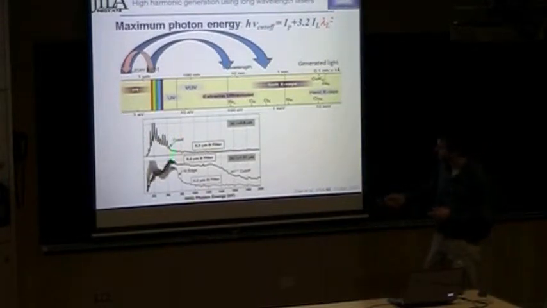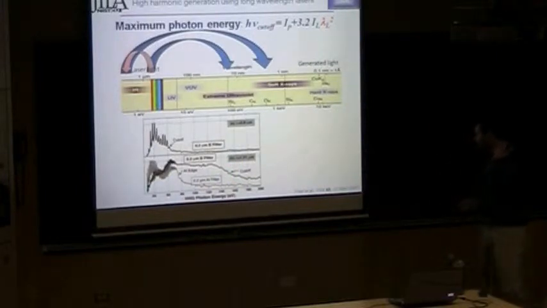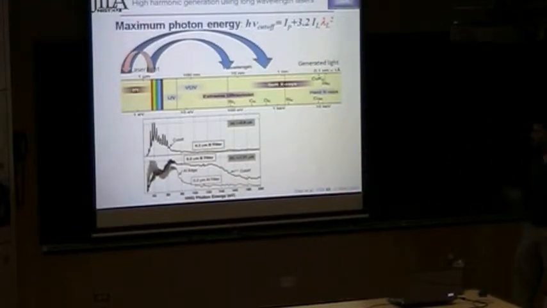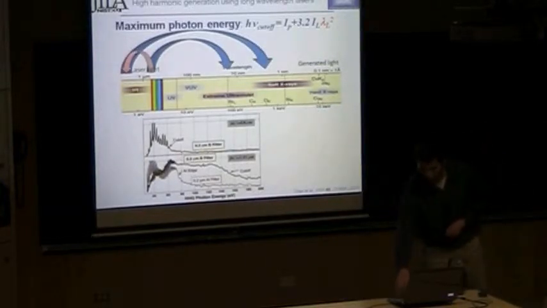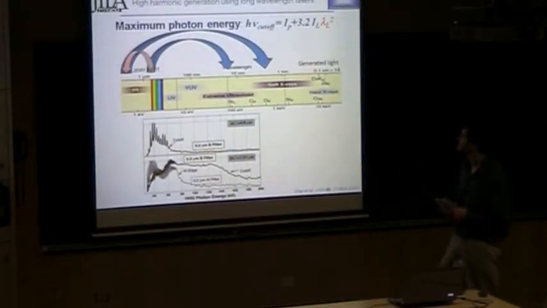This group, roughly 10 years ago, compared the harmonic spectrum at 800 nanometers with the harmonic spectrum at 1.5 microns, and showed the cutoff extended from somewhere around 60 eV out to somewhere around 150 eV. And again, this paper is 10 years old, so people have understood this for quite a while. The problem is this scaling rule tells us the cutoff. It doesn't tell us how bright it's going to be.